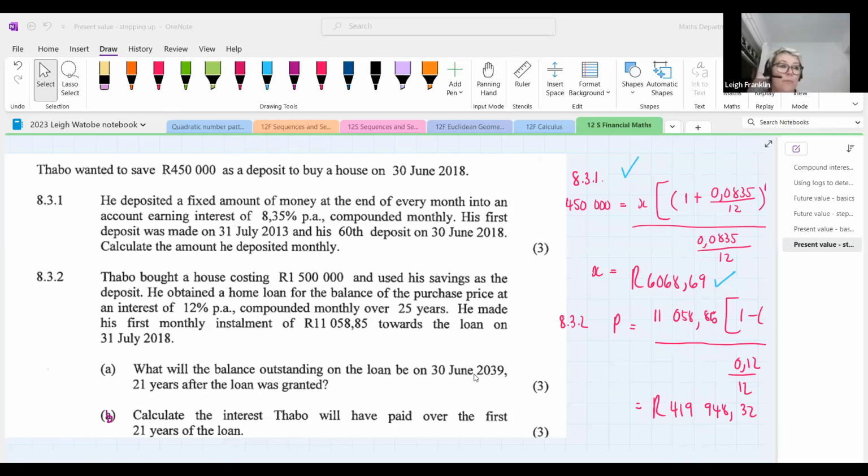But from the end of July in the first year to the end of June in 2039, there's not an extra month. There's still only 12 months in that last year. It's not 49 payments. It's 48.